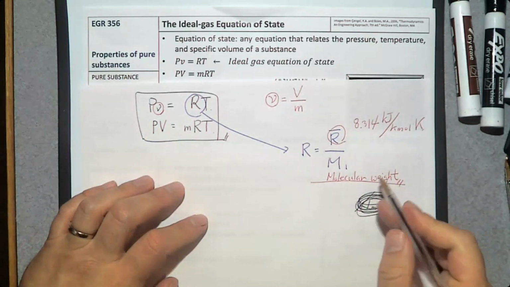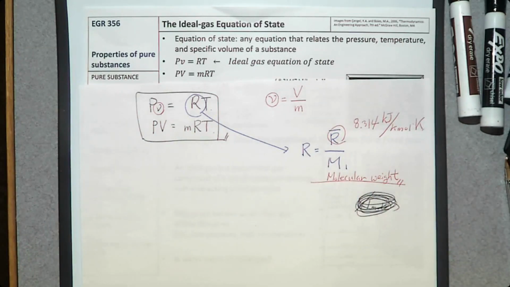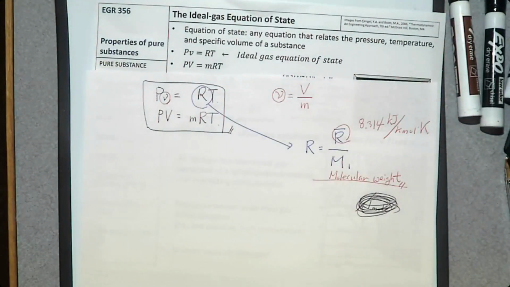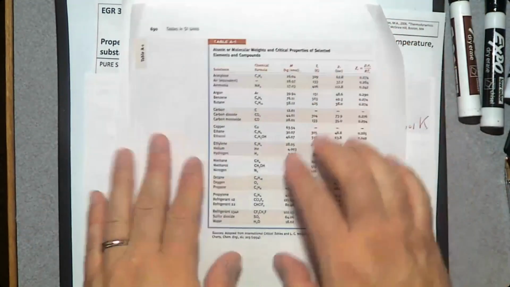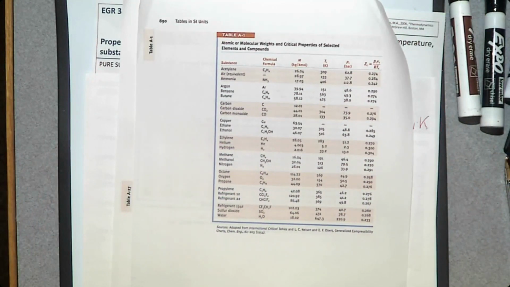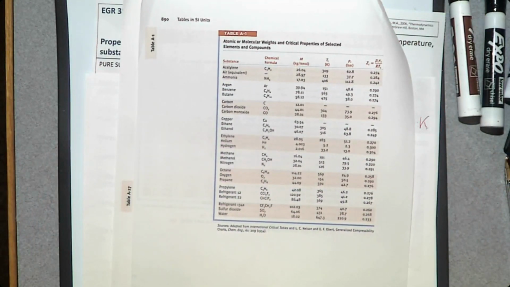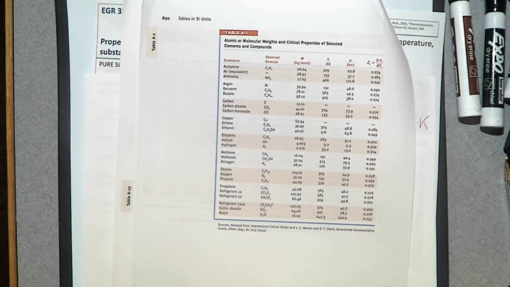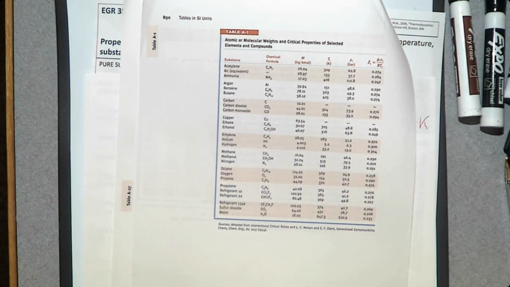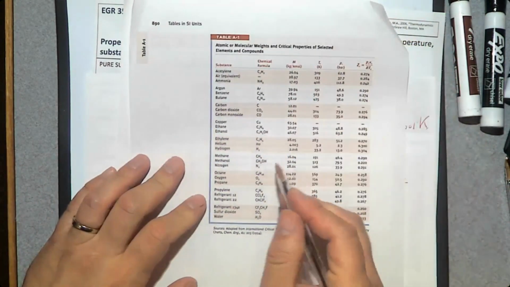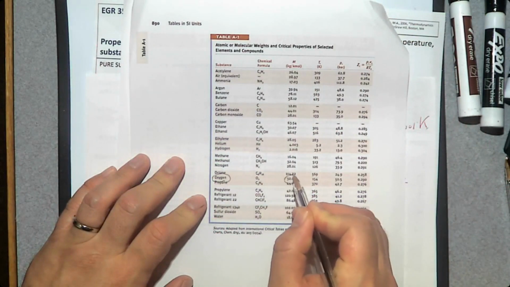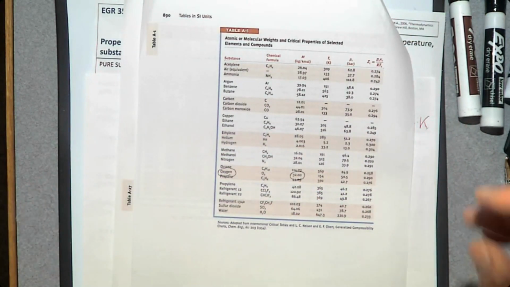Usually, if you go to the first table, by the way, you are all familiar with this table that we used many times in EGR456. And this one is molecular weight. So you can see the unit, kilogram per kilomole. So when you have 1 kilomole of your system, how much is the mass? That is molecular weight. So for example, if you have oxygen here, molecular weight is 32 kilogram per kilomole.